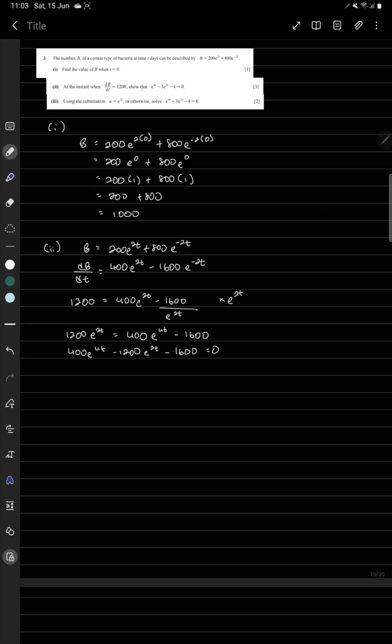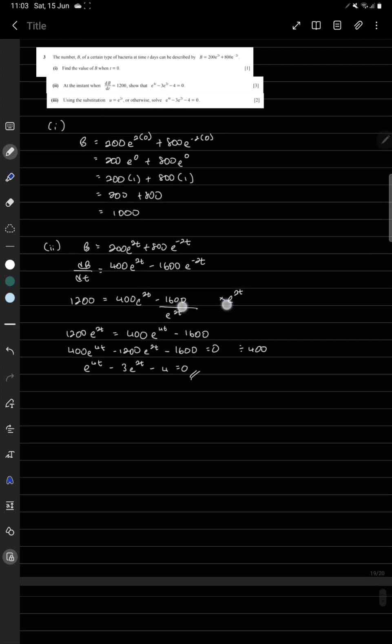Now we don't see a 400 in front of e to the power of 4t. So it looks like we're going to have to divide this by 400. So e to the 4t, we divide everything here by 400. Then 1200 divided by 400 is going to give you 3. That's e to the 2t. Oops. Then minus 4 is equal to 0. And then you've finally shown it.